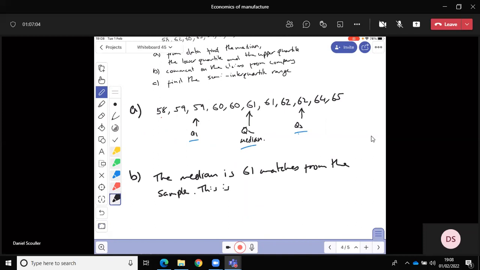This is higher than the figure of 60 claimed by the company.